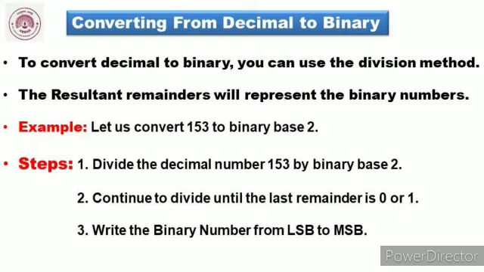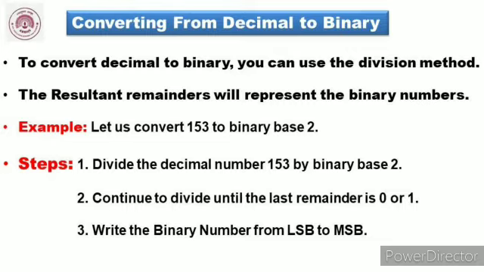Now let us convert a decimal number to its binary equivalent. To convert a decimal number to binary, we can use the division method. The resultant remainders will represent the binary numbers. Now let us see with an example. Let us convert 153 to binary base 2. Now steps to achieve the same are: divide the decimal number 153 by binary base 2.